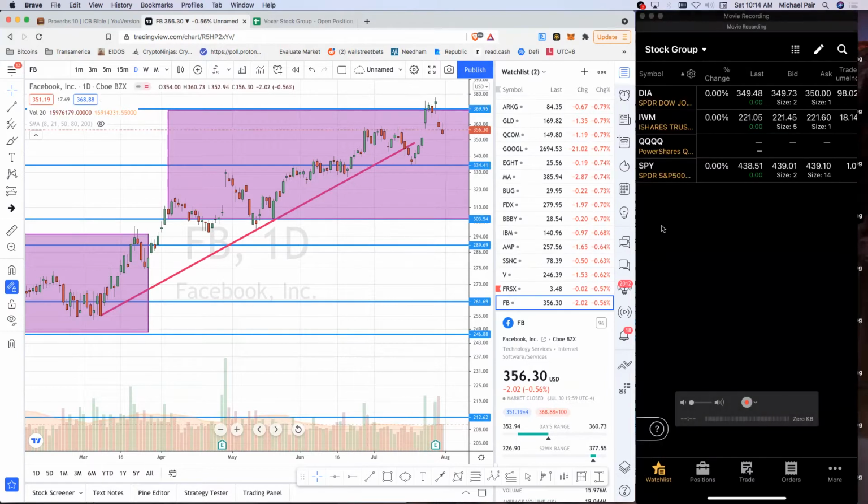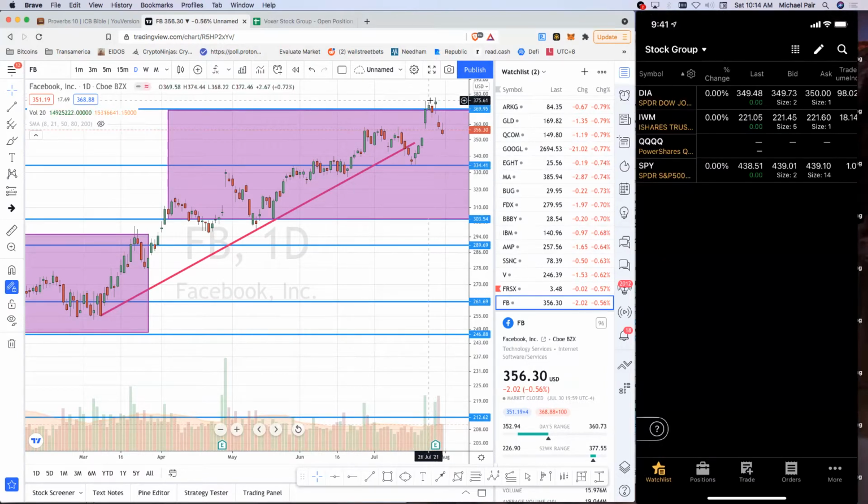The reason I think we just need to put some in to get started is, looking at Facebook here, we're below the resistance line of the 370, but above the support level of 344.